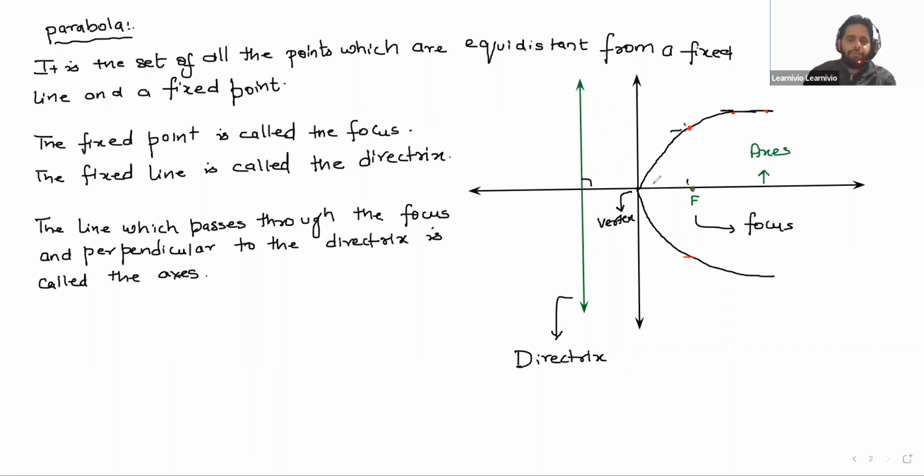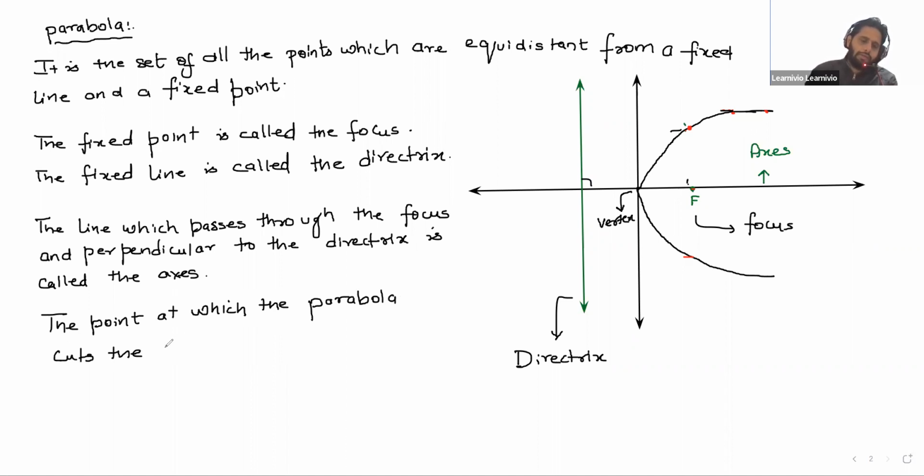Okay, the point at which the parabola cuts the axis is called the vertex. So this is the vertex.